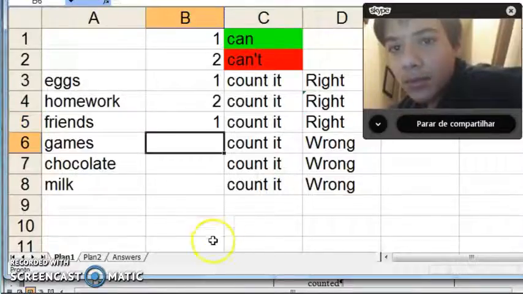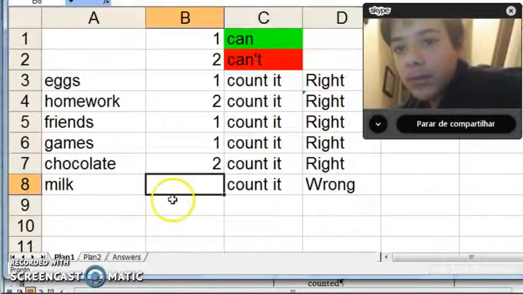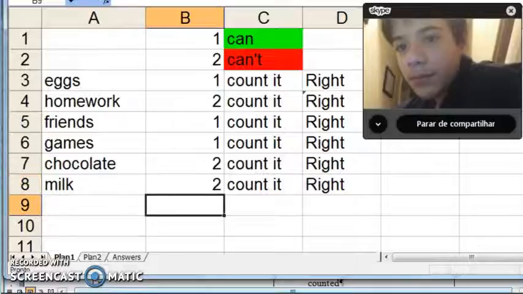So this is right again. So what about games? Yes, you can count. Okay, let's put number 1 there. So this is right. What about chocolate? No, you cannot count. So number 2. So this is right. What about milk? No, you cannot count. So number 2. So he's right about those things that can be counted and things that cannot be counted.